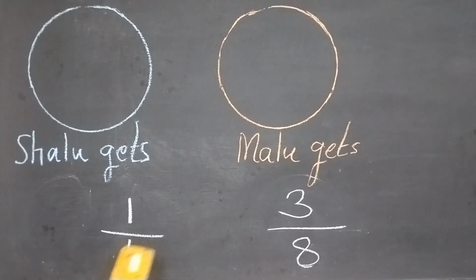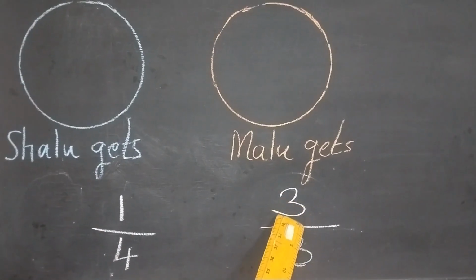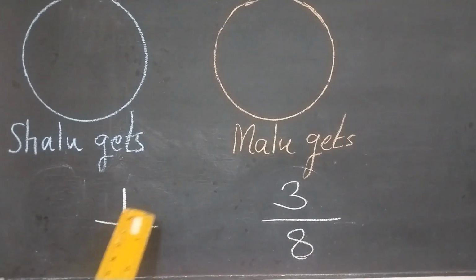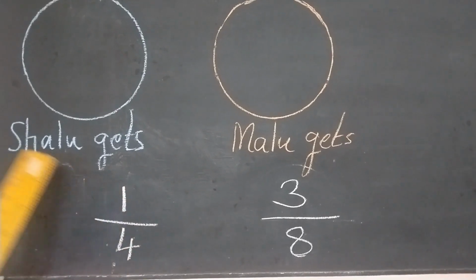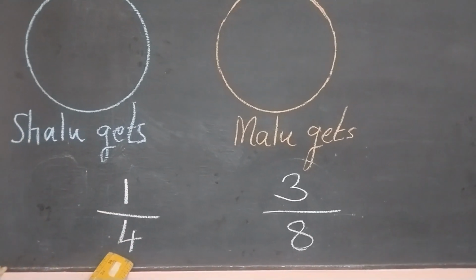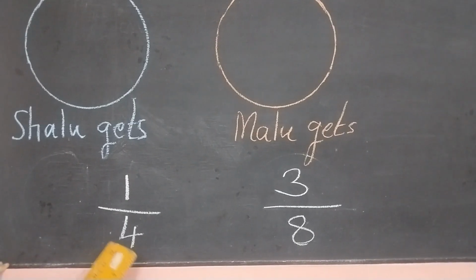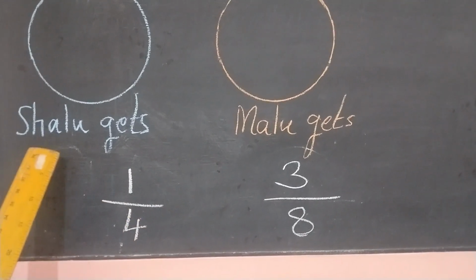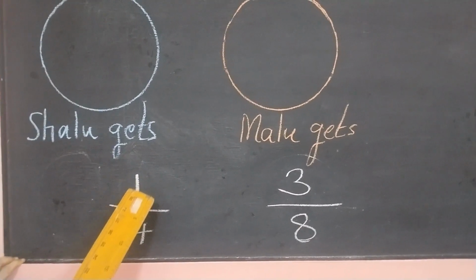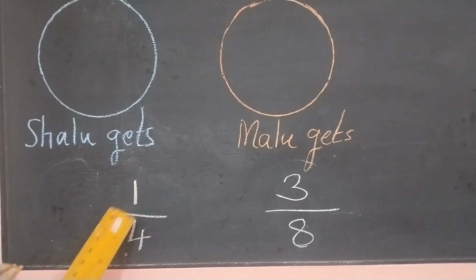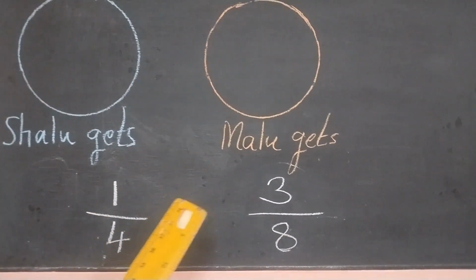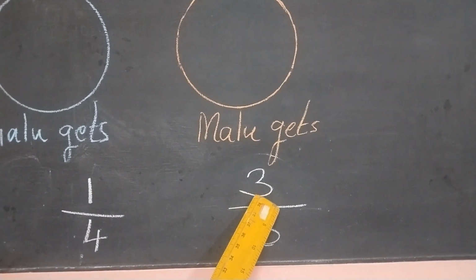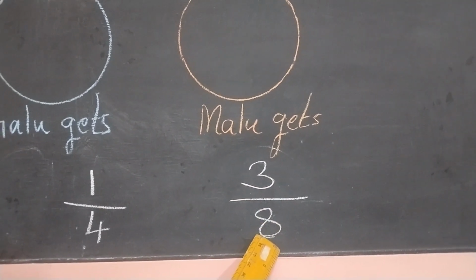And then you gave 3 pieces to Malu from her cake and 1 piece to Shalu from her cake. So we have got 2 fractions now. Shalu's fraction is represented by 1/4 and Malu's fraction is represented by 3/8.